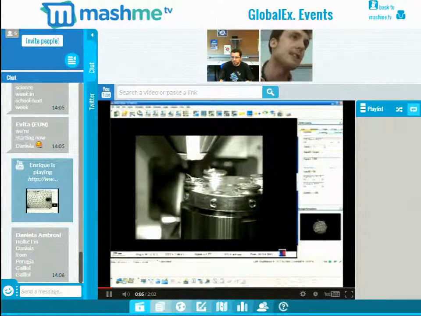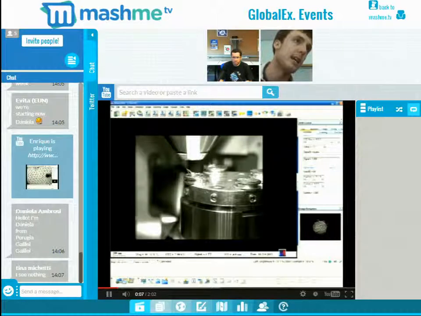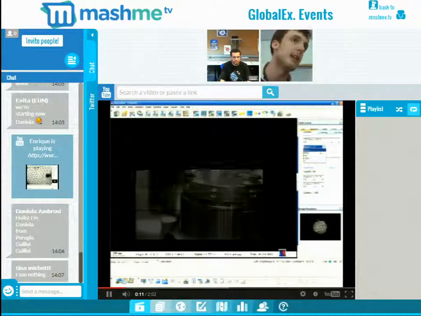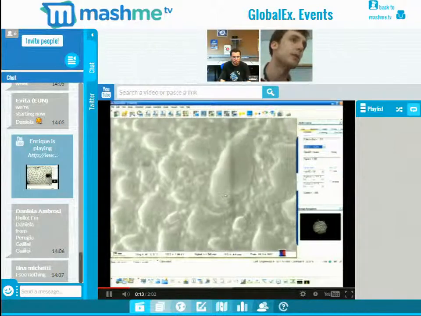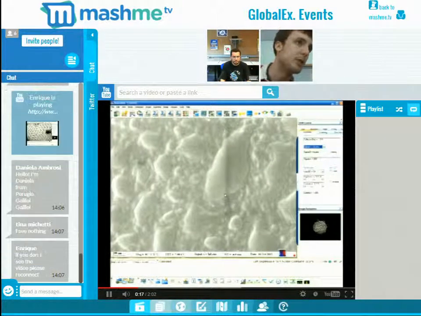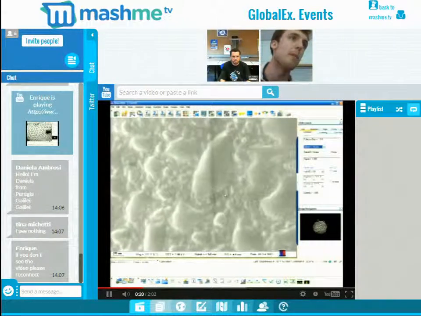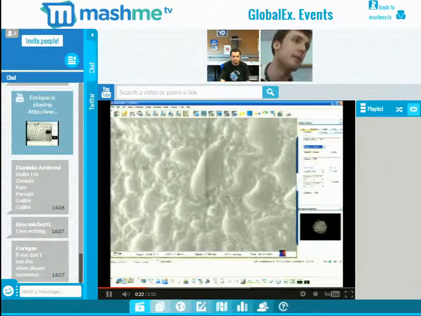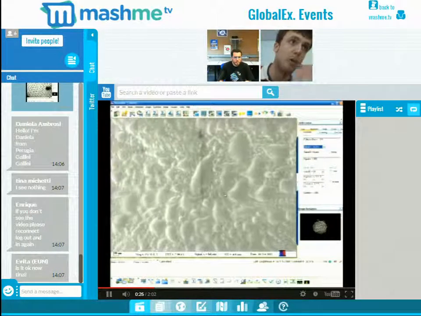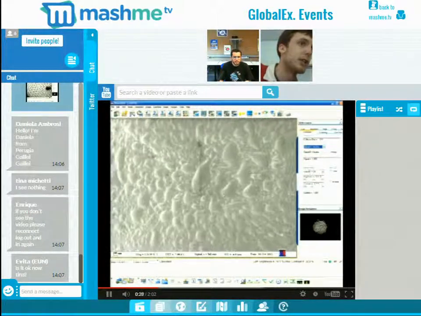You can see the fly is mounted on a stub on top of the stage, being raised now towards the end. We're looking now zoomed in at the surface. The fly is compact, so it's made up of very many lenses, and we're looking now at just a single lens.